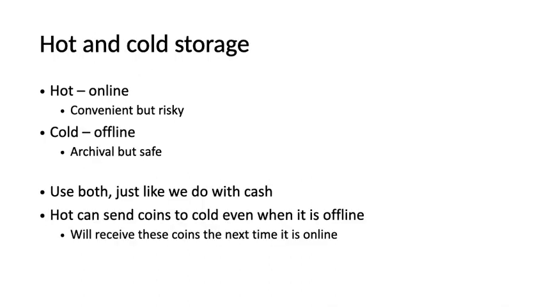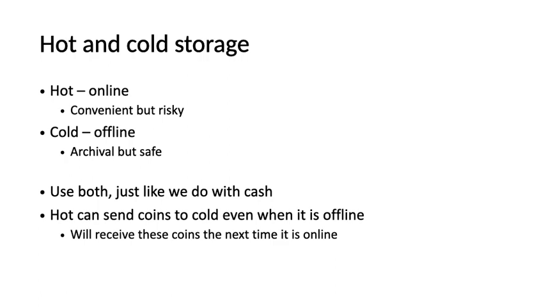Now we can talk a little bit about the difference between hot and cold storage. Hot storage would be the type of key storage that is online. It's very convenient because it's always handy, but can be risky. Cold storage would be offline, such as locked away in a safe or a method like that. It's very archival, but is very secure.